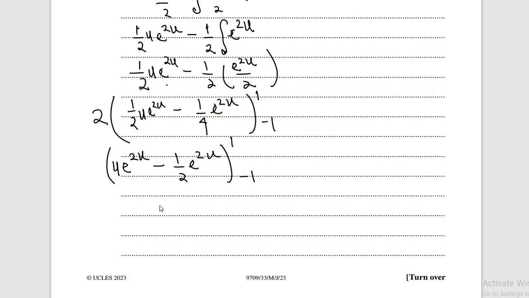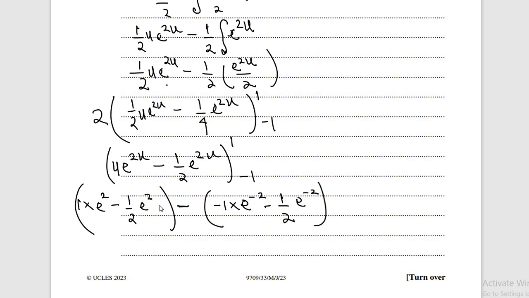So let's put it there. When u is 1, that will be 1 times e raised to power 2 minus half e raised to power 2, minus, when u is minus 1, that's minus 1 times e raised to power minus 2 minus half e raised to power minus 2.